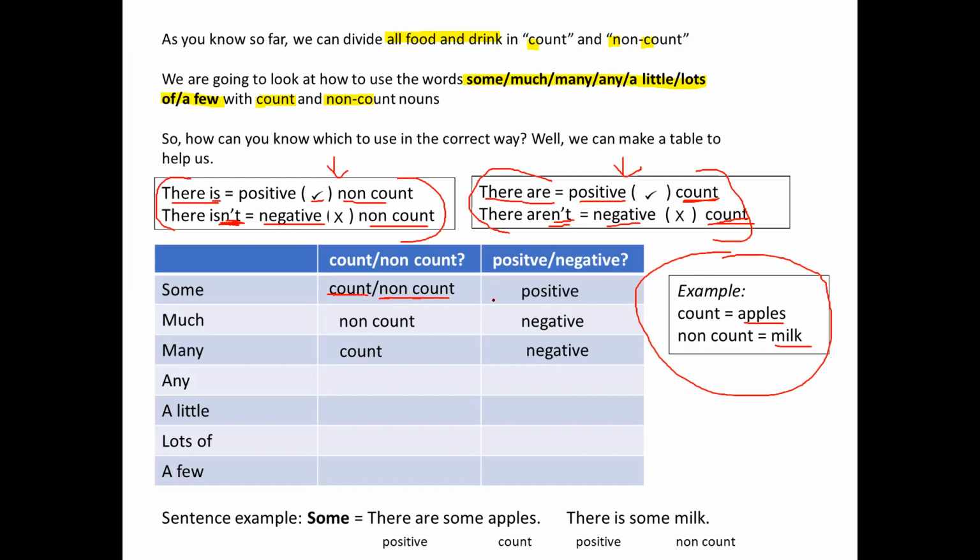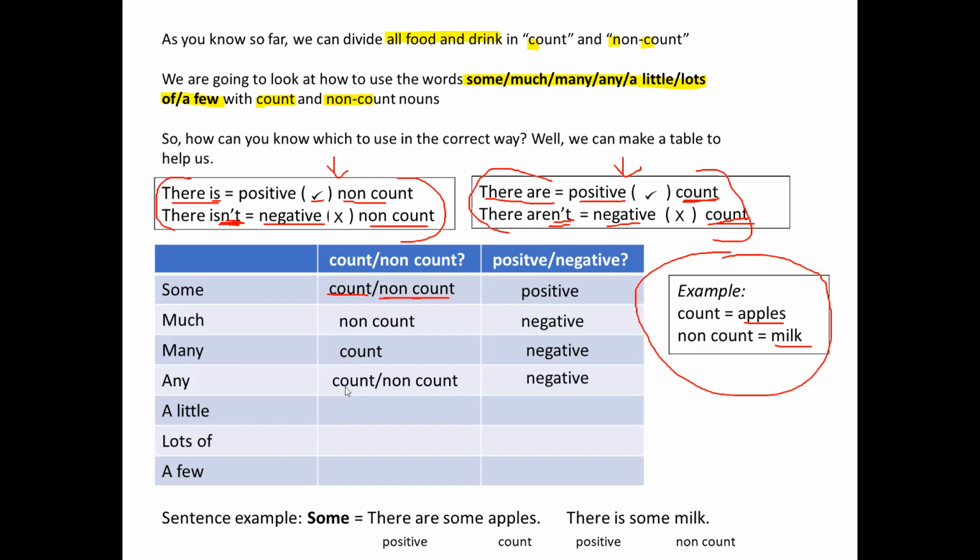Okay, so to make the sentences, you need to look at the blue chart. Then you need to look at the 2 boxes and see how to make the sentence. In this case, there aren't many plus count. Any, you can use both. Any apples, any milk. This one's only negative.